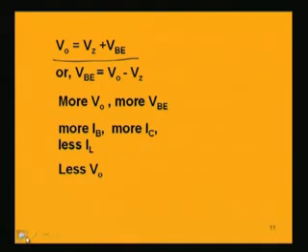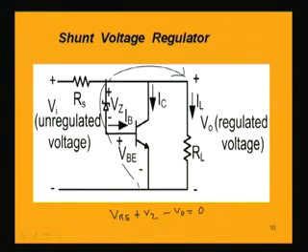What will happen then if VBE, the base emitter voltage of this transistor, increases? Then the base current increases, and the base current increasing means the collector current increases. So if this current increases, which is shunted away from this total current, then the current which is left to flow in the load will be decreased. This total current minus this IC is equal to IL.